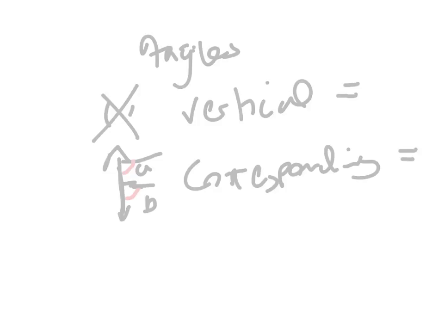Another one is if you've got your pair of lines and a transversal, what we're looking at now is this angle and this angle. If this was angle A again and this was angle B, if you think about it, we're looking at the transversal, and they are opposite of each other on the transversal, so they are alternate.